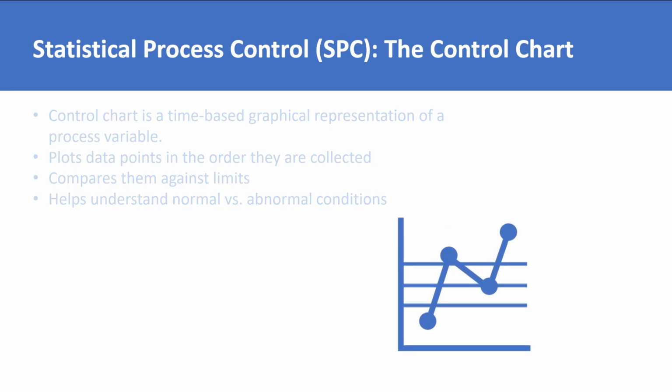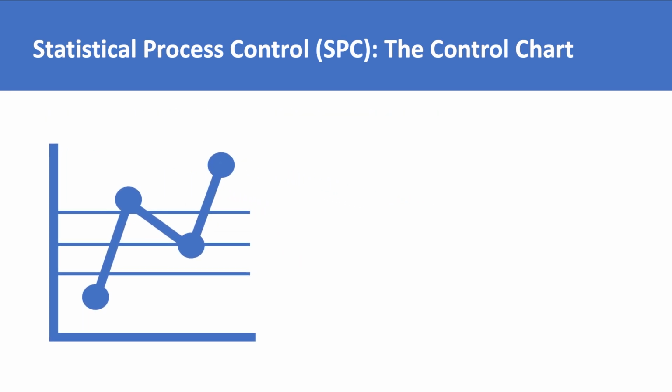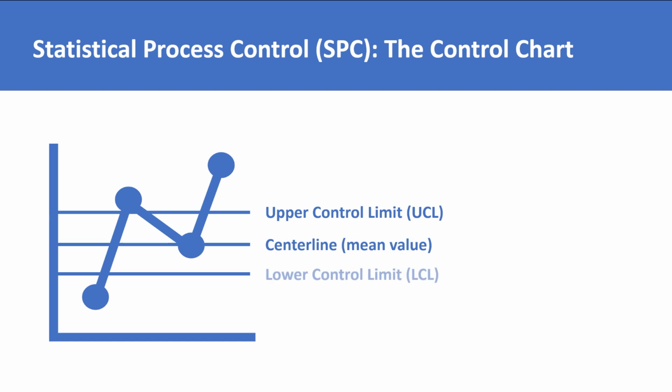A typical control chart consists of three key elements: a center line, which represents the average or mean value of the process, an upper control limit, or UCL, and a lower control limit, or LCL.